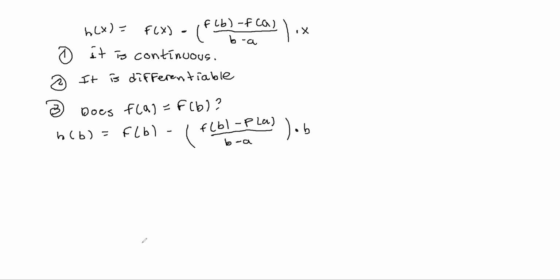Now what I'm going to do is I'm going to get common denominators for these two terms. So in essence, multiply f of b and then the denominator by b minus a. So that's going to look like this. And then I'm going to distribute the b in here.